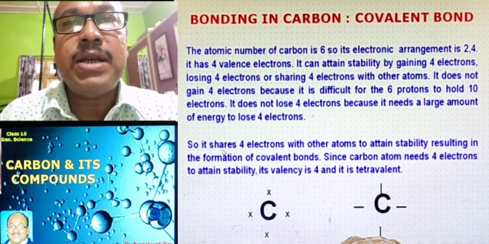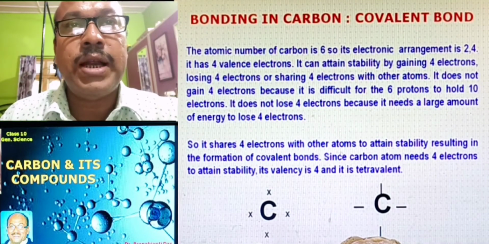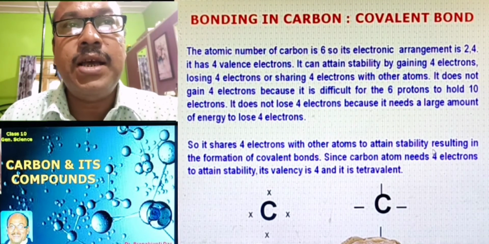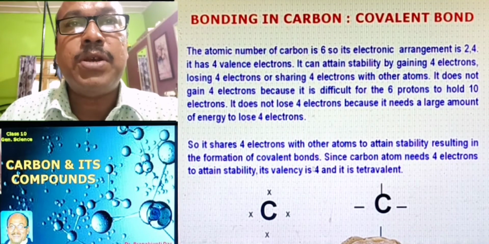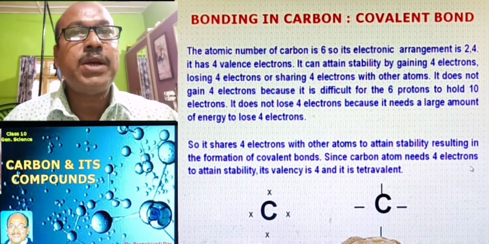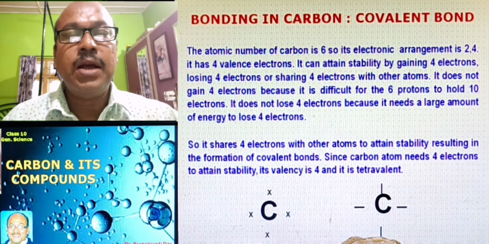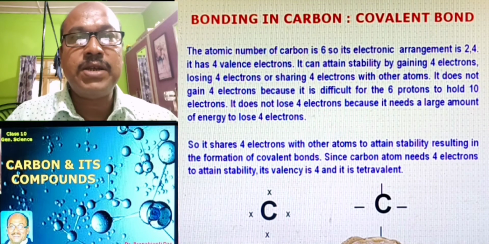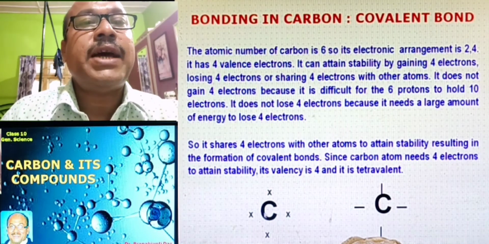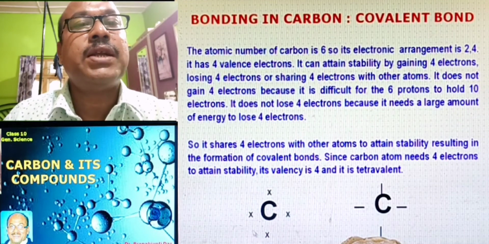Now you can see here, in the second part of the slide, it is given: carbon shares 4 electrons with other atoms to attain stability, resulting in the formation of covalent bonds. Since a carbon atom needs 4 electrons to attain stability, its covalency, that is valency, is 4, and therefore carbon is a tetravalent element. We can see here in the diagram of a carbon atom depicting the 4 valence electrons.